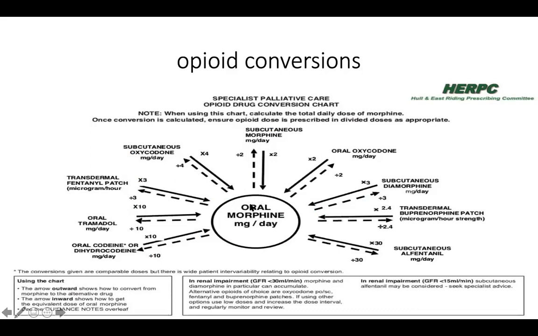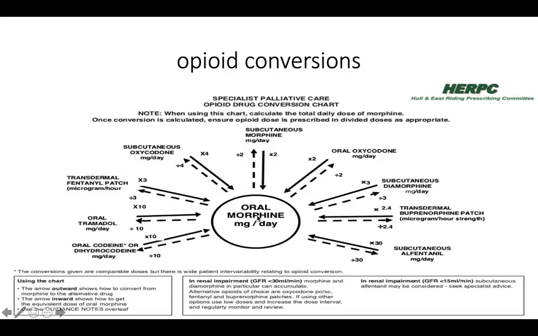So basically what it says is to convert from oral morphine to subcut morphine, half the dose. So divide by 2. So for example, if someone's oral route is compromised and you want to switch the opioid to subcutaneous route, half the dose, divide by 2.